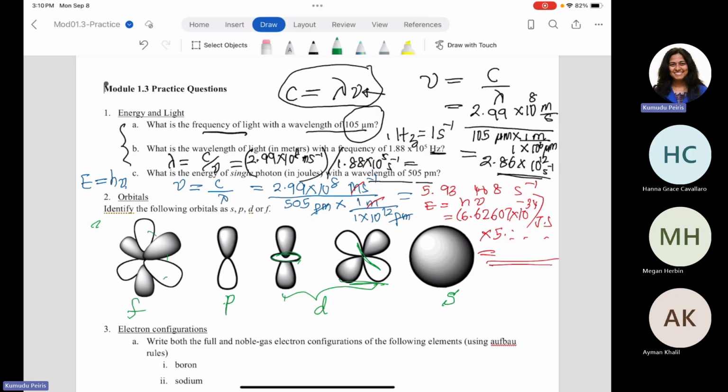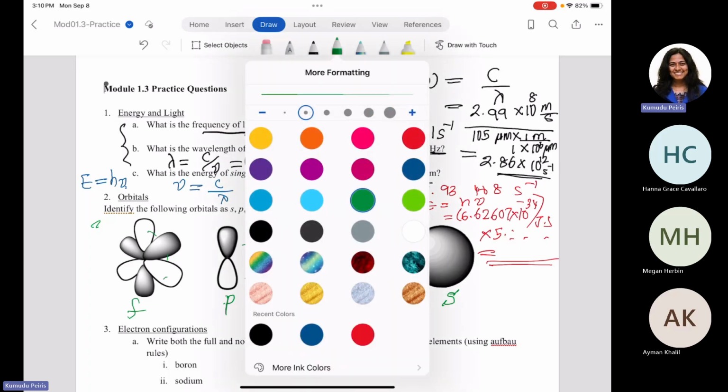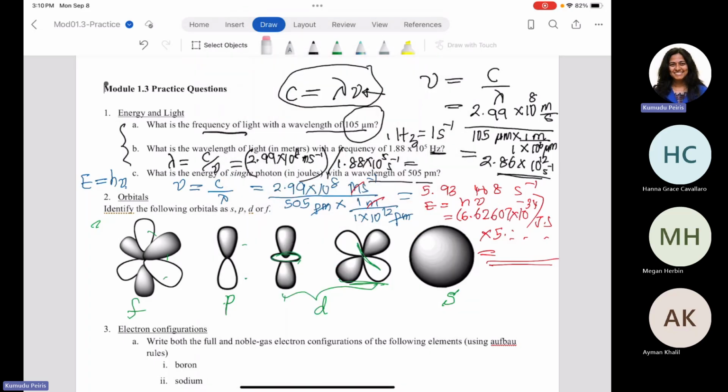Okay, suborbitals. S has 1 orbital. Sorry, I made a mistake.